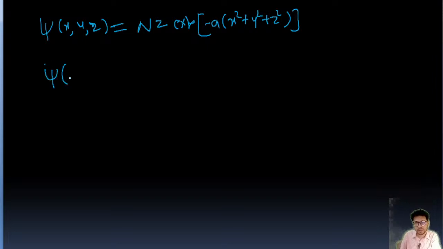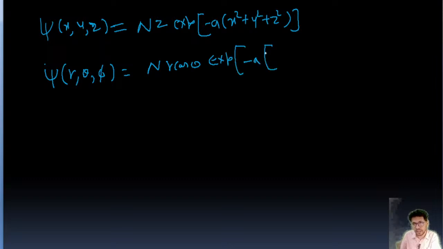So psi, which is a function of r, theta and phi, is going to be N. The z value in spherical coordinates is r cos theta, e to the power exponential minus a, and this value is going to be r square, because x square plus y square plus z square equal to r square, right?